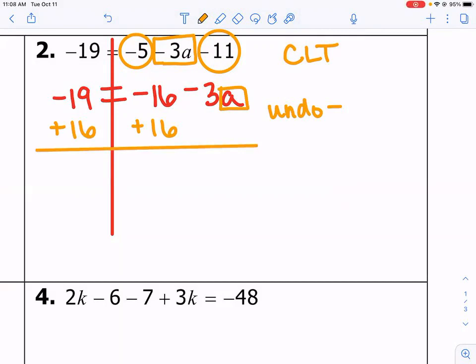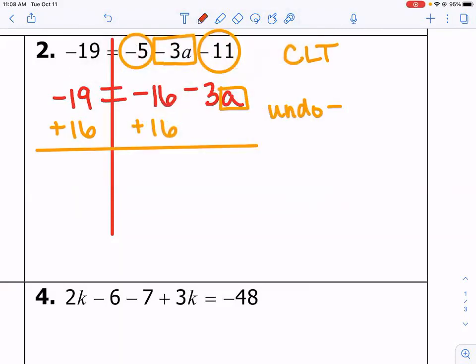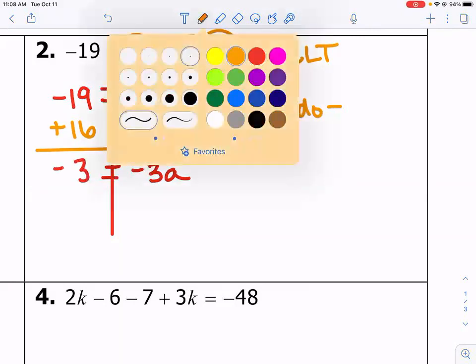So even though you wrote plus 16, go ahead and make sure that it's going to cancel out with whatever's right here. So does -16 plus 16 actually cancel? Okay, double check that. All right. So we have -3a left on the right side. And over here, Bennett, when we take -19 plus 16, what are we left with? Ooh, -3. I like that.